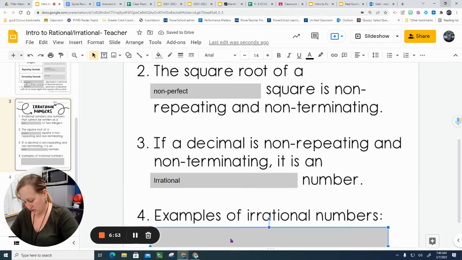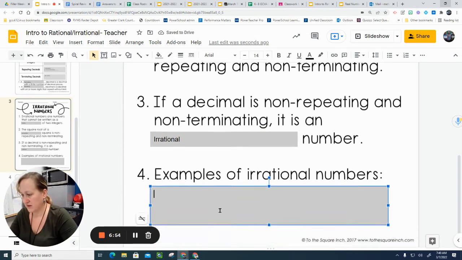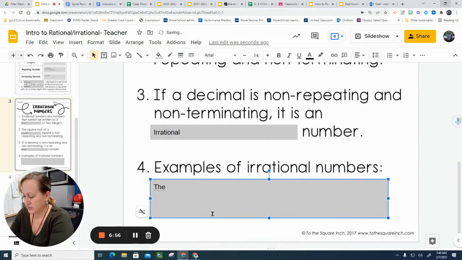Examples of irrational numbers are the square root of 24, the square root of 5, pi, which is 3.14, and so on. I don't know all the numbers.